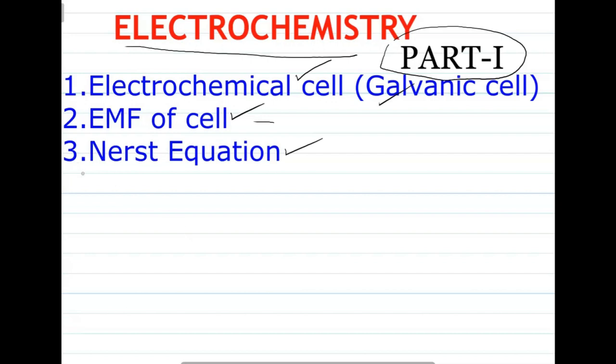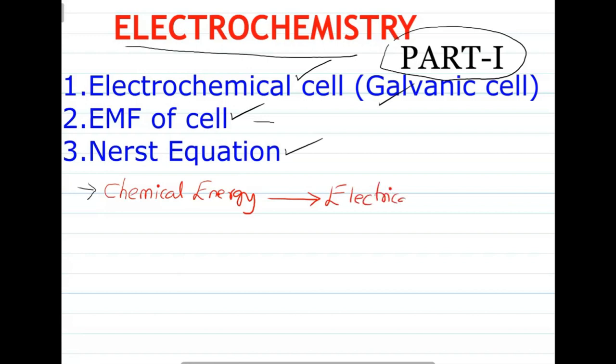First, the electrochemical cell or galvanic cell. As you know already, an electrochemical cell is a device which converts the chemical energy of a spontaneous redox reaction occurring in the device into electrical energy.